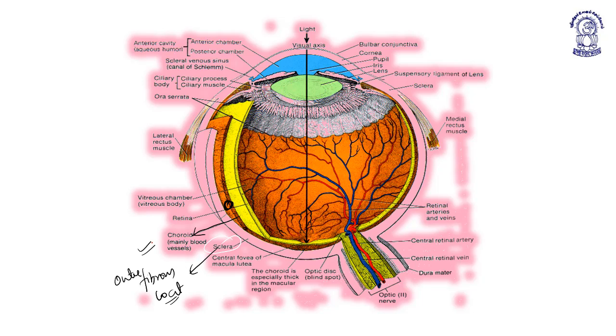So the outer coat is fibrous, the middle coat is vascular, and the inner coat is nervous.